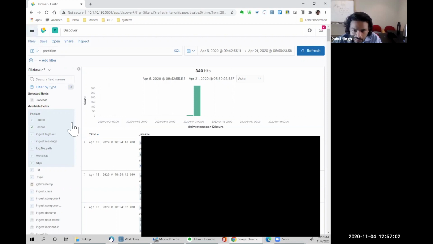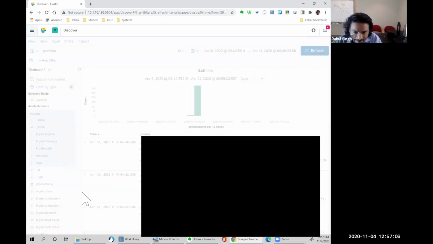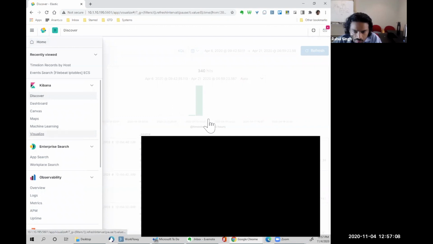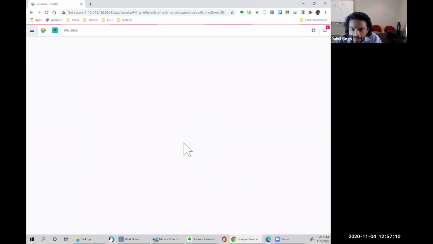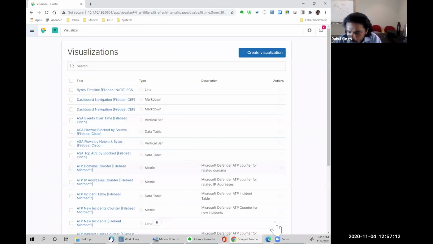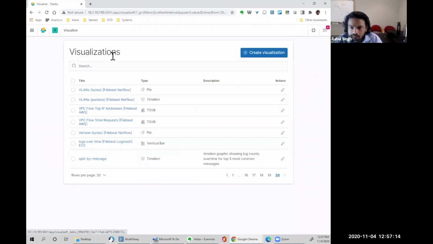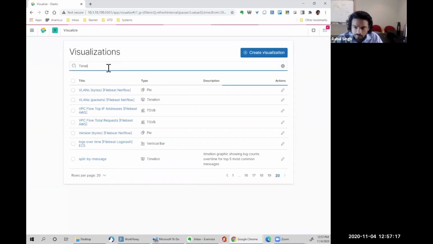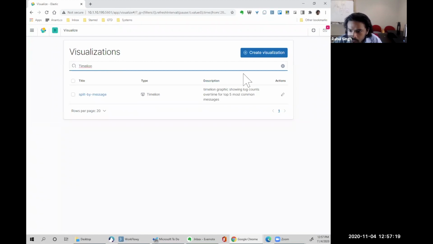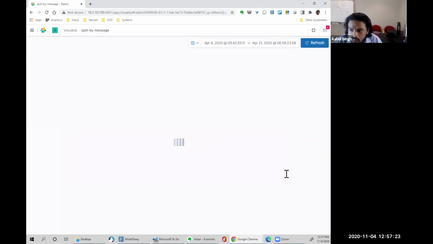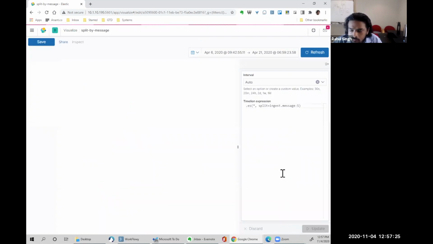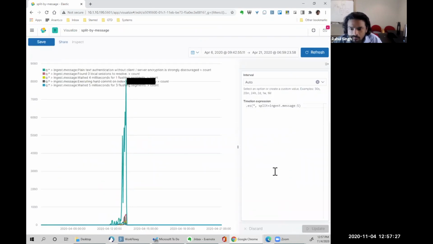There's one more cool thing in here, it's called Timelion.